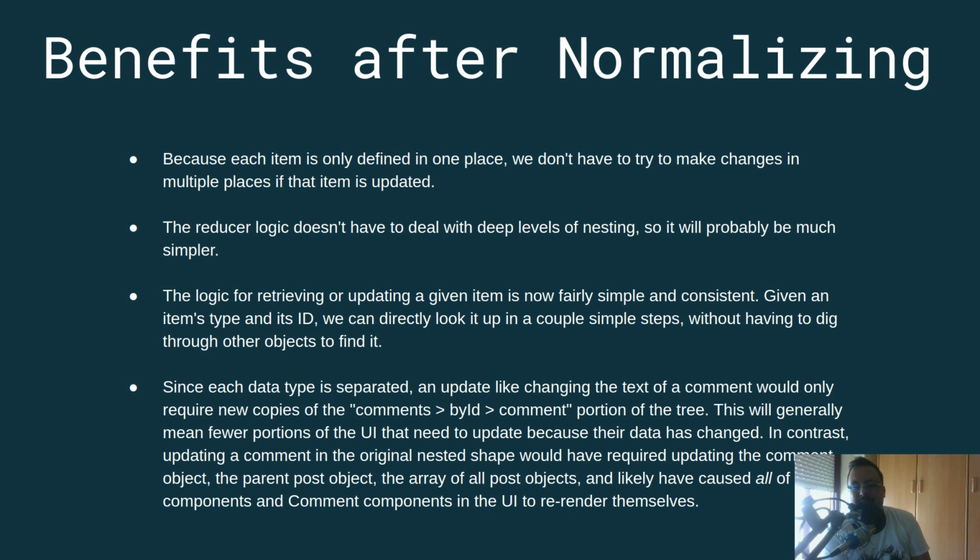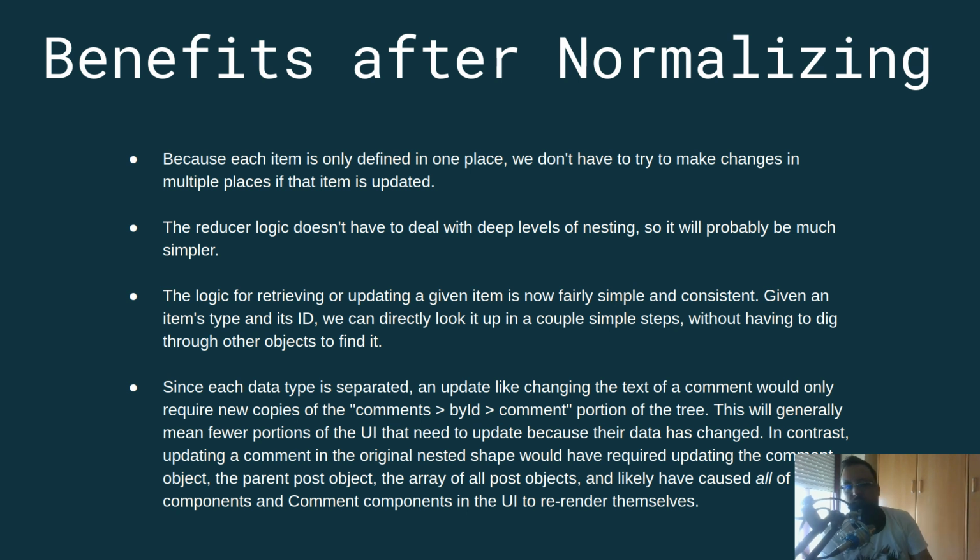And the logic for deleting, updating, or just retrieving an object is easier, because with the ID of that item we can just look it up. Before, the ID was inside an array, so we had to loop.